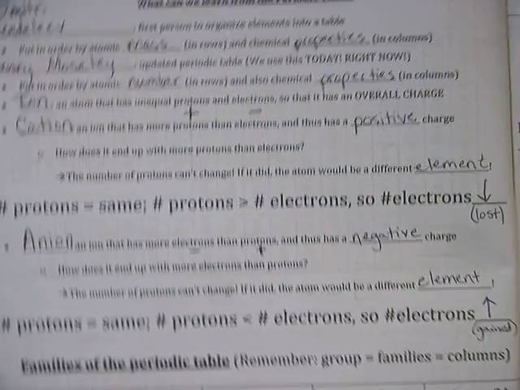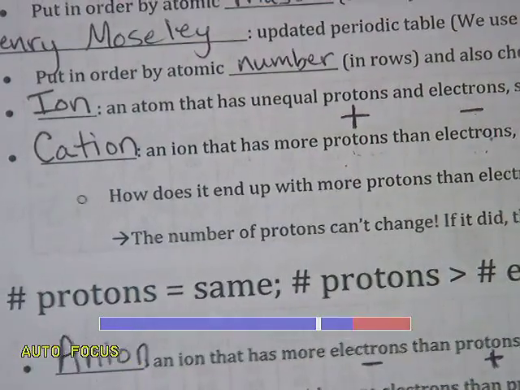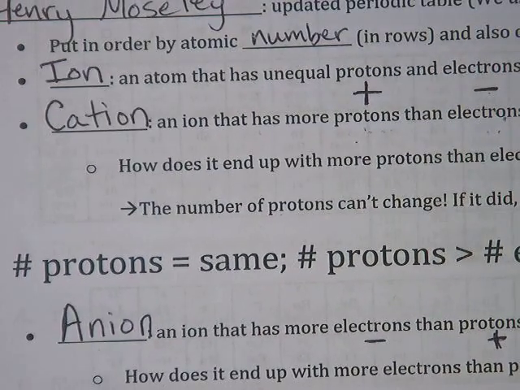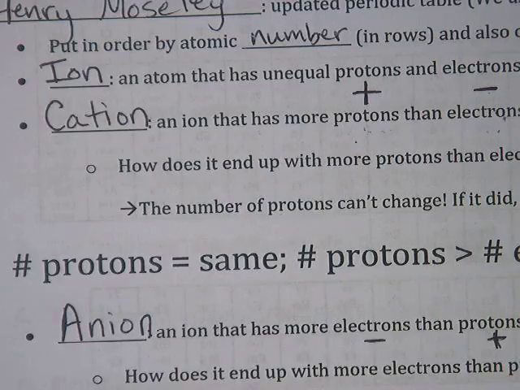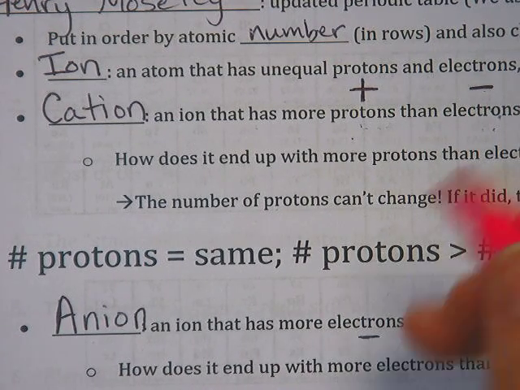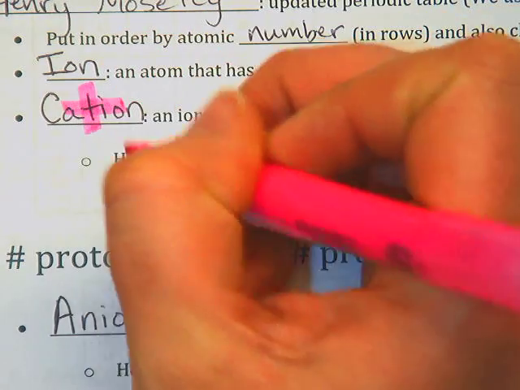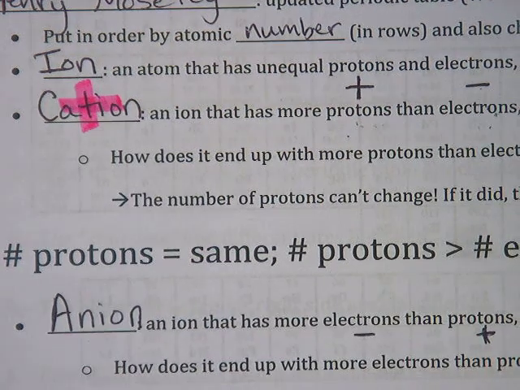Are you ready for this? It's super dumb. I'm going to show you a dumb trick. Cations are positive, and if you look at the word cation, the T is like a plus sign, telling you it's positive.